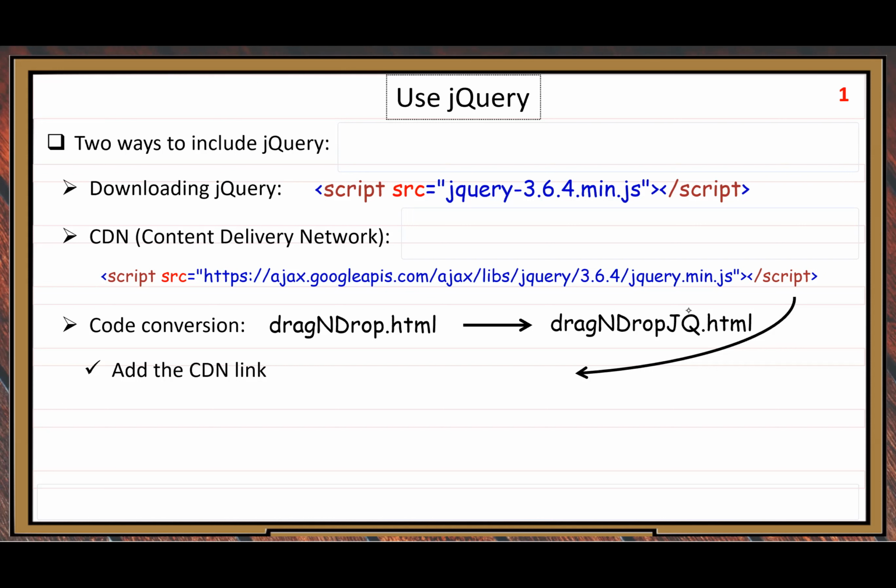Then my JavaScript functions, I need to convert to the jQuery version. So the drag and drop.js, I need to write to the appropriate jQuery version. After that, I need to modify in my drag and drop jq.html, I need to update the JavaScript file name to this JQ version.